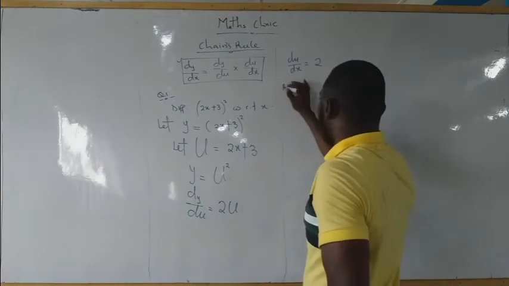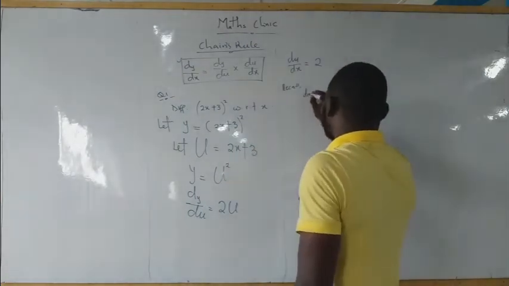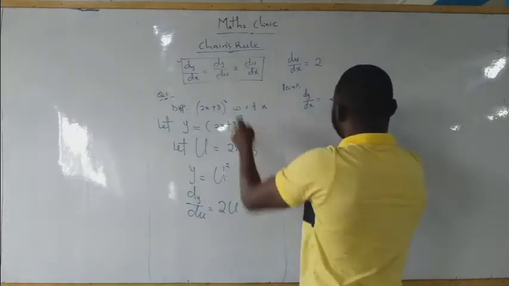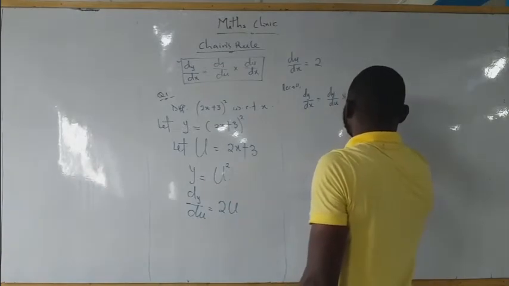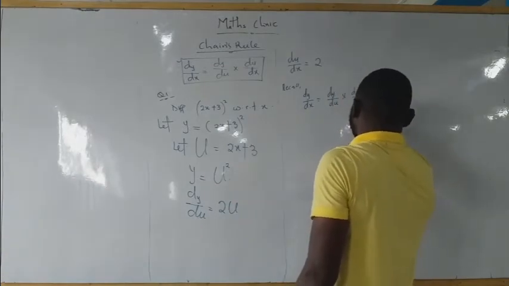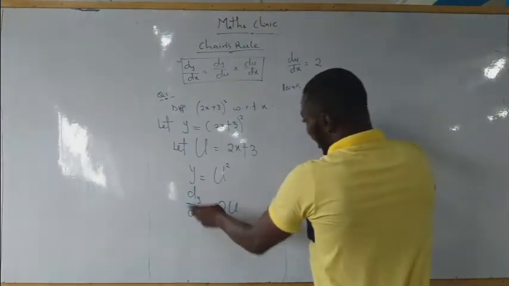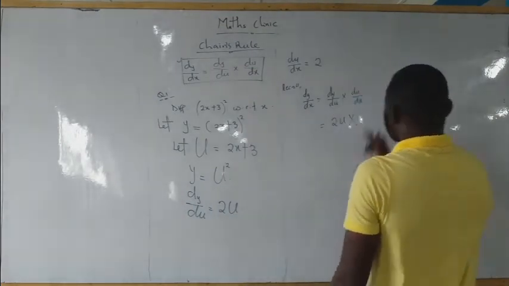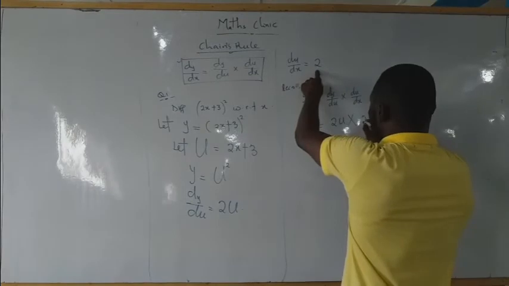We can recall that dy over dx equals dy upon du times du upon dx. Dy du is 2u times du dx, and du dx is 2.